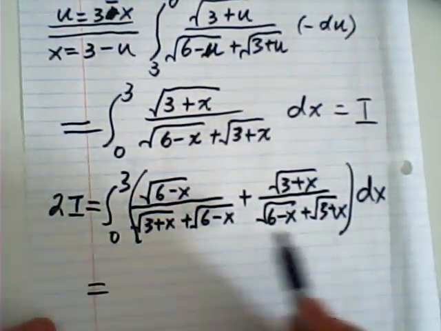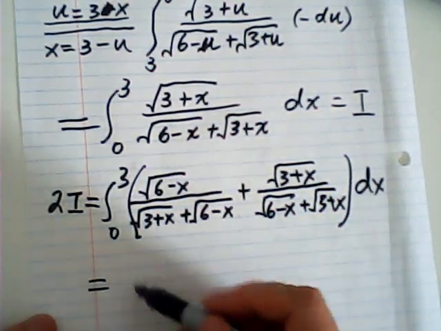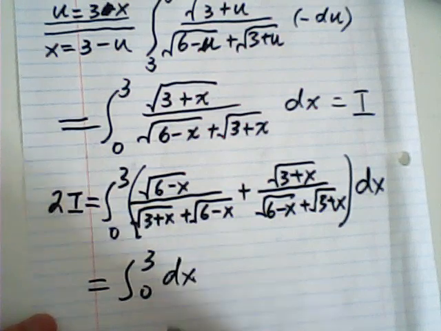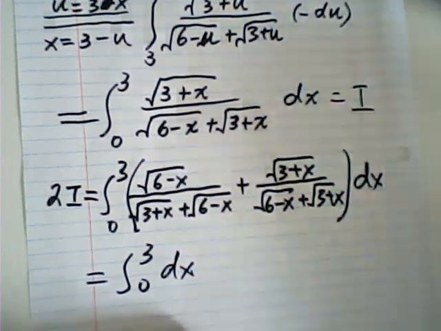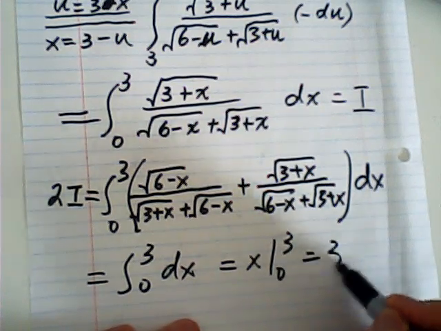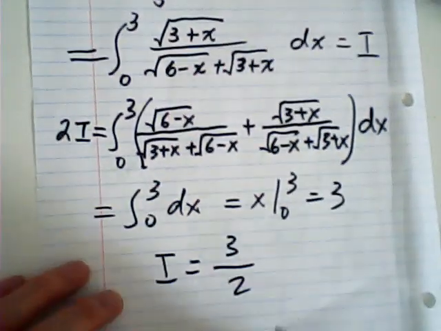And fortunately the numerator is the denominator after adding, right? So this becomes 0 to 3, dx. And this one is equal to x, from 0 to 3 is 3. Therefore, I is equal to 3 halves.